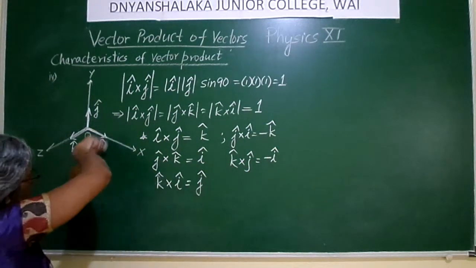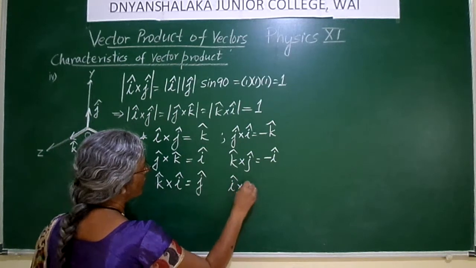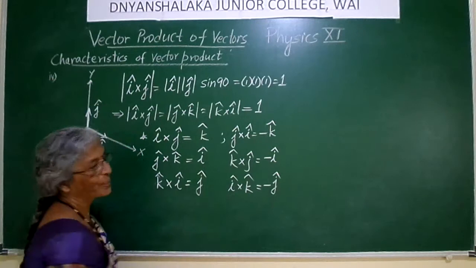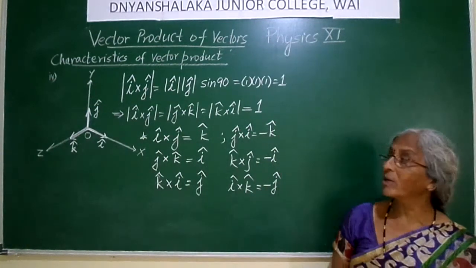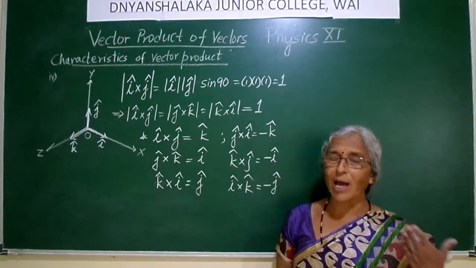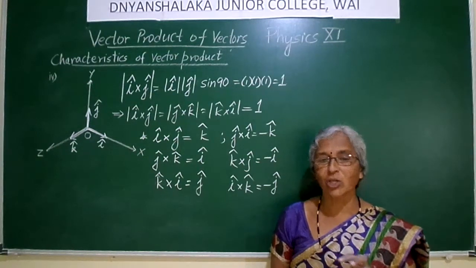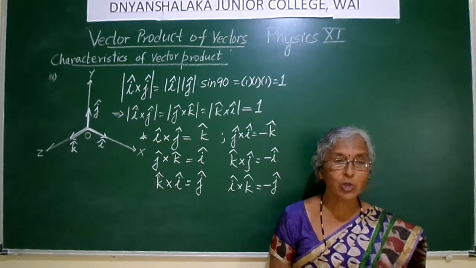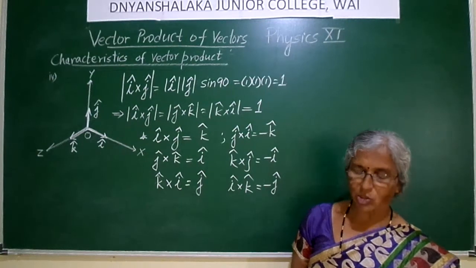Similarly, vector i cross vector k will give me negative vector j. Are you getting it, students? Very important, because vector product is a third vector, so it should have that directional aspect, and as we change the direction of rotation, the vector also will change, not in magnitude, but in direction. Are you all getting it, students?